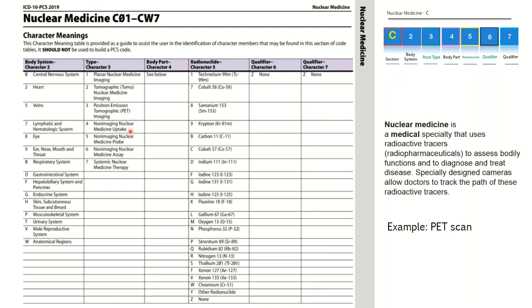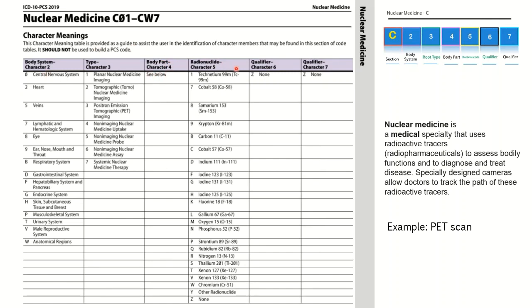You have non-imaging nuclear medicine uptake, non-imaging nuclear medicine probe, non-imaging nuclear medicine assay, and systemic nuclear medicine therapy. Your fourth character, body part, corresponds with your second. I'll show you that in a moment.